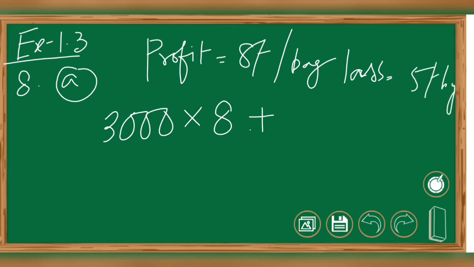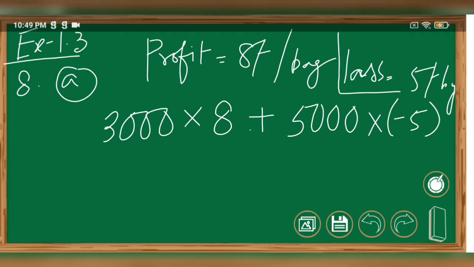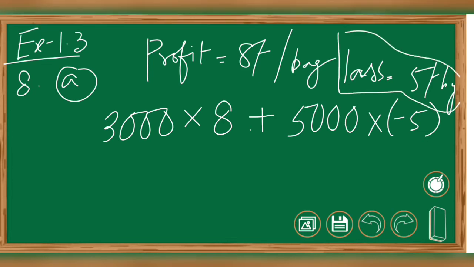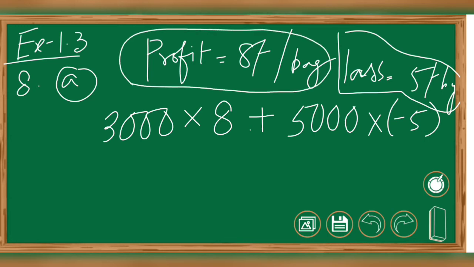So we can write it in this way that for selling 5000 grey cement bags he will get a loss of minus 5 rupees, isn't it? Since it is a loss, we will consider it as a negative integer. Since it is a profit, we will consider it as a positive integer.